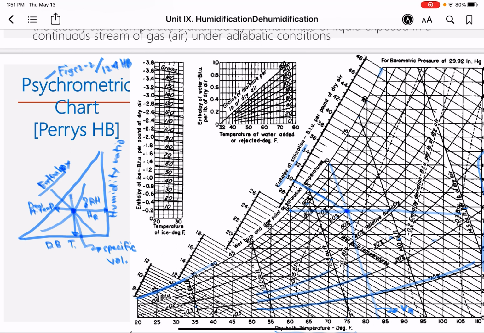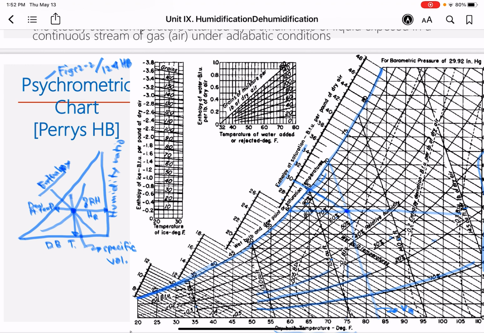So, nagde-decrease yung percent relative humidity niya. Okay? And then, this is also called the saturation curve. Itong actually yung wet bulb natin. At this point, the condition of air along this line is fully saturated no matter what the dry bulb and the wet bulb temperature. So, parang pagdating ko dito sa line na to, I would understand it's 100% relative humidity.